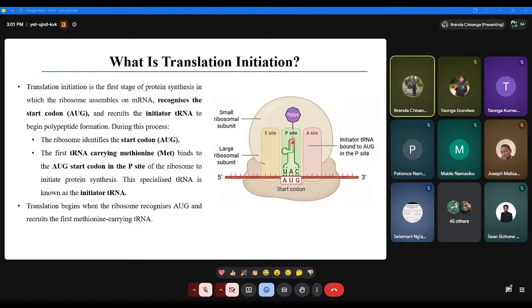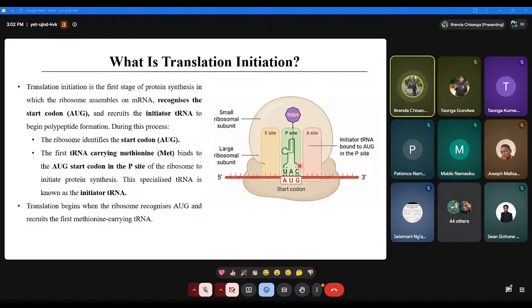Now, in this figure, you see the structure of the ribosome with the amino acid site, the peptidyl site, and the exit site. The tRNA that is coming to bring in the amino acid which corresponds to a start codon is coming in at the P site. Remember, in the previous lecture, we said that when these tRNAs come to interpret the information on the mRNA, they come in at the A site.